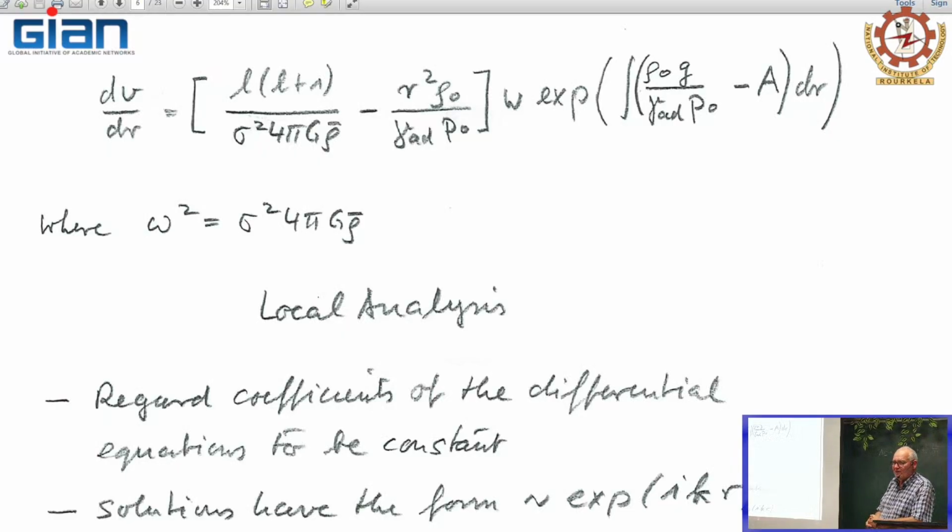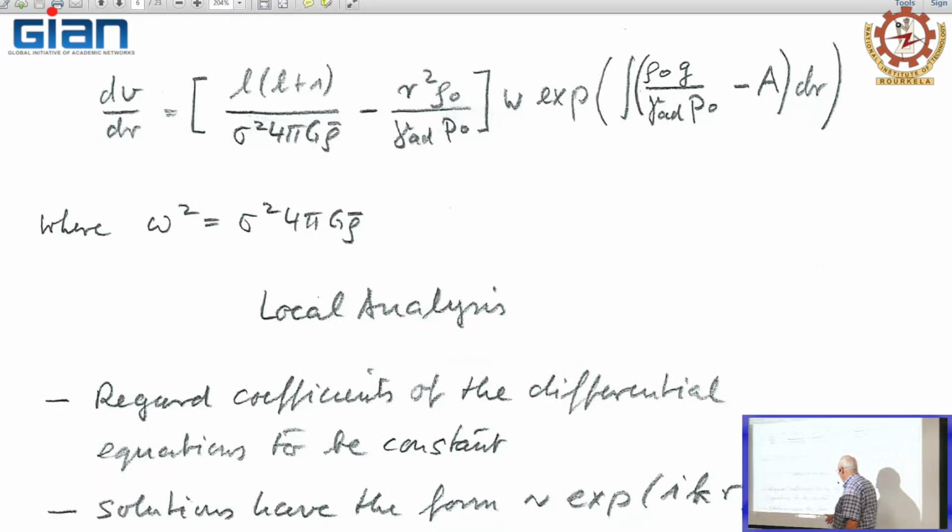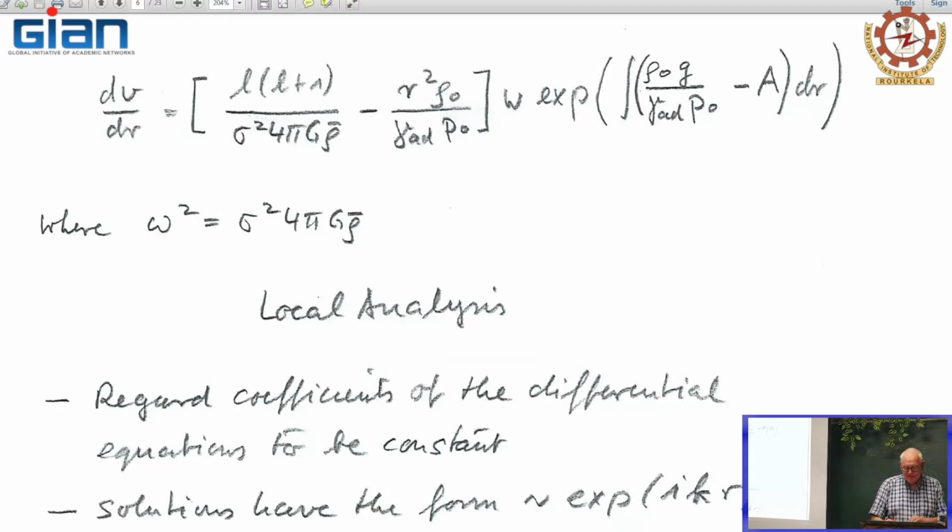But if you consider the coefficients to be constant, then a linear differential equation with constant coefficients has exponentials as its solutions. In that case, we can adopt a solution of the form exponential of ikr, where k is some kind of wave number or 1 over the wavelength.